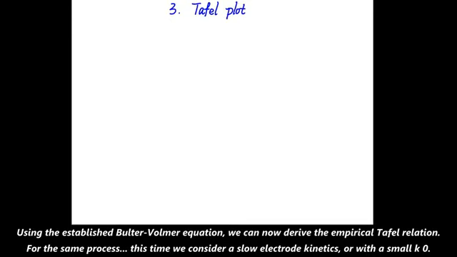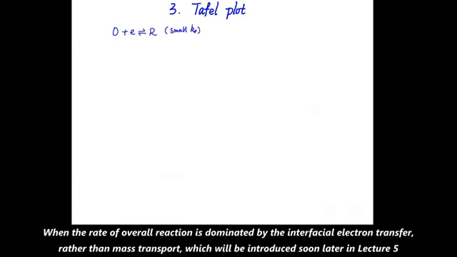Using the established Butler-Volmer equation, we can now derive the empirical Tafel relation. For the same process, this time we consider slow electrokinetics, or a small k0, where the rate of the overall reaction is dominated by the interfacial electron transfer rather than mass transport, which will be introduced later in Lecture 5.